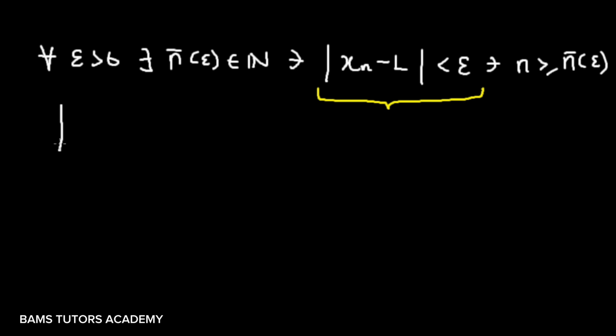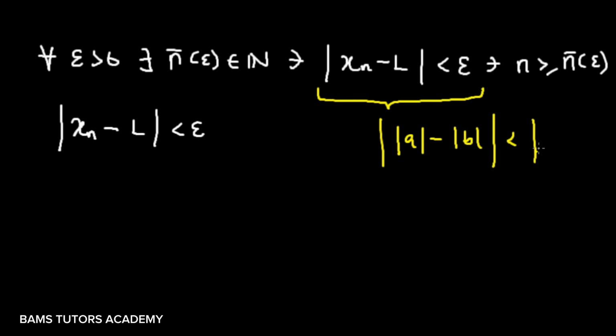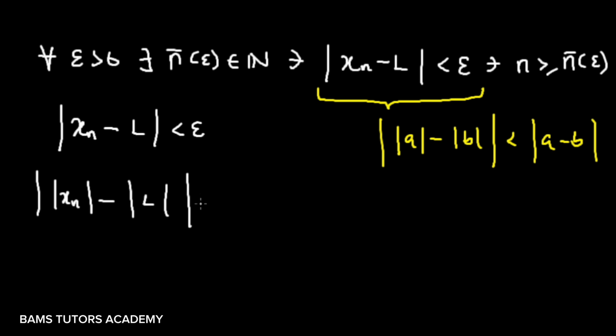So I have the absolute value of x_n minus L is less than epsilon. And from our triangle inequality, we know that the absolute value of the absolute value of A minus the absolute value of B is less than the absolute value of A minus B. We know this, right? So we can apply it to this one, that the absolute value of the absolute value of x_n minus the absolute value of L is actually less than the absolute value of x_n minus L, which is eventually less than epsilon, right?